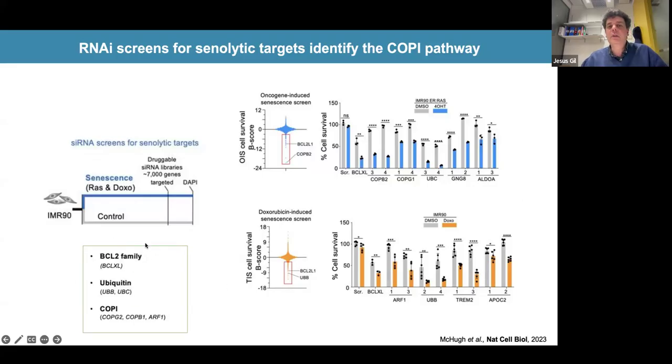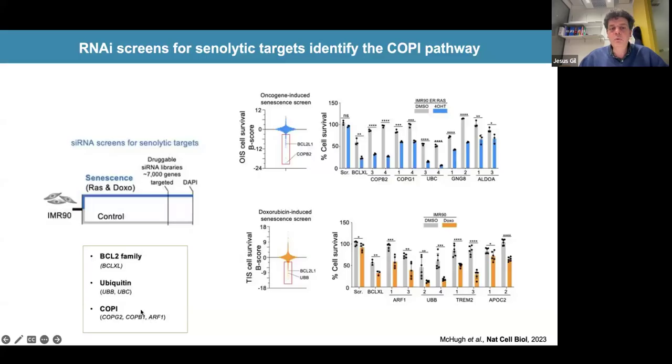One is BCL2 family proteins, and it is already known that when we inhibit BCL2 family members, that is senolytic. Ubiquitin, we believe, is a liability of senescent cells that are producing more proteins, such as the SASP proteins, and when we inhibit the ubiquitin system, they accumulate these and it can cause proteotoxic stress.